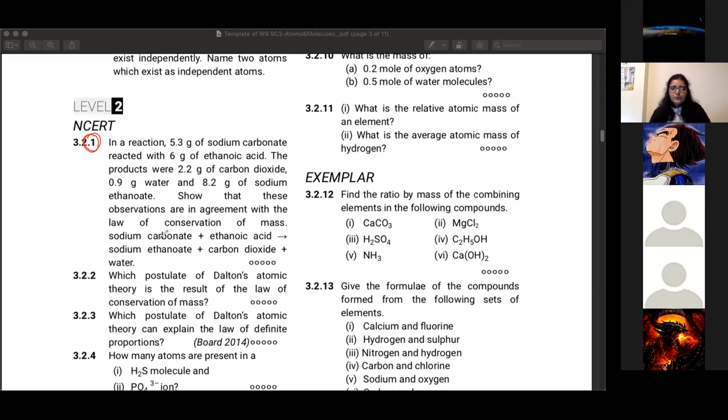So sodium carbonate plus ethanoic acid, when these two react, the products that you get are sodium ethanoate plus carbon dioxide plus water. So this is the reaction. Based on this, how will you approach this question? How will you show that these observations are in agreement with the law of conservation of mass?